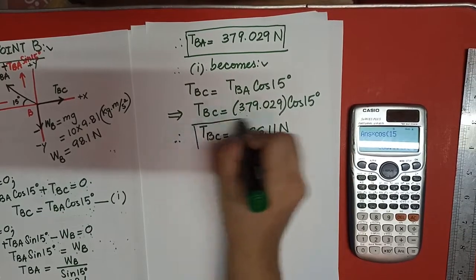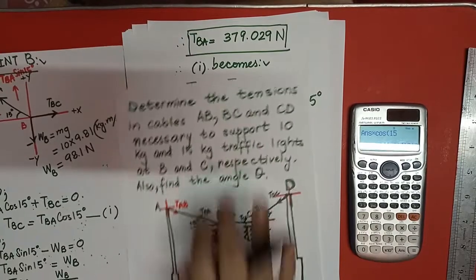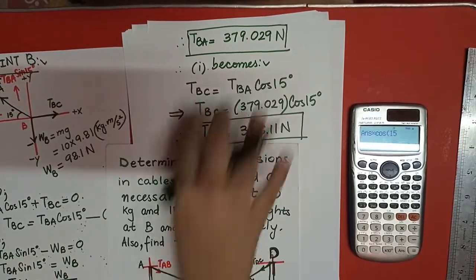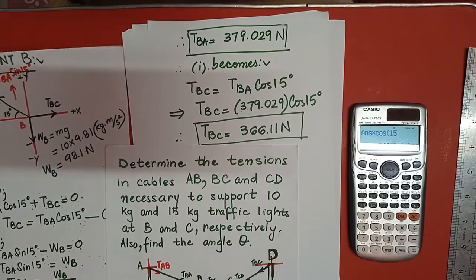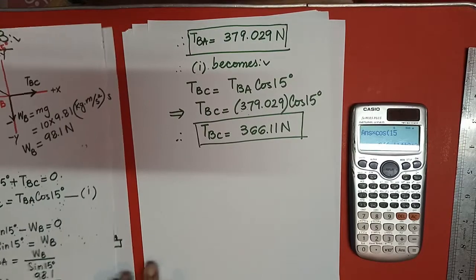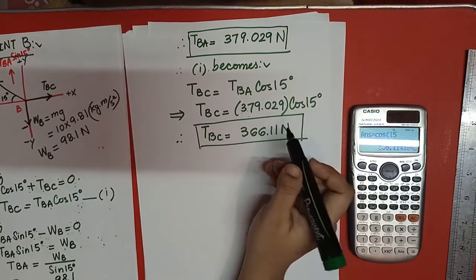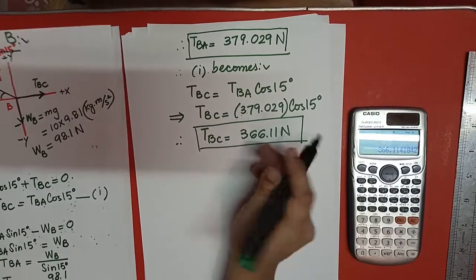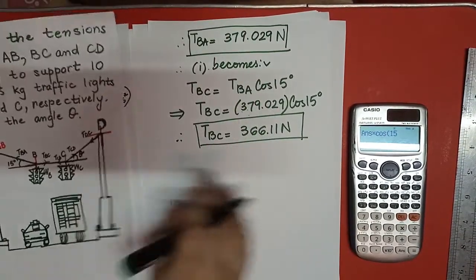So we have calculated the two tensions asked in the question, AB and BC. Now TCD is left and theta is also left. Only one tension is left, and theta we have to calculate.